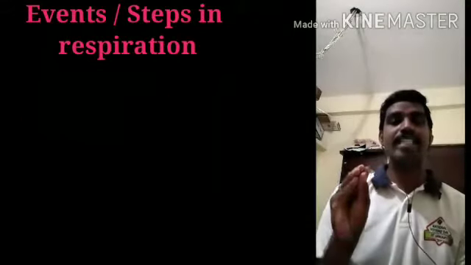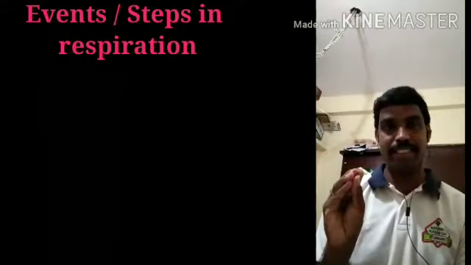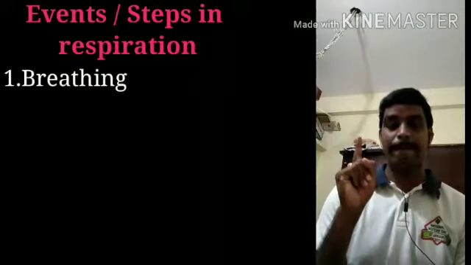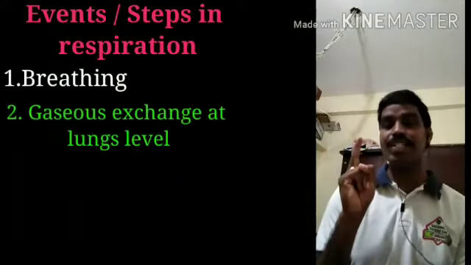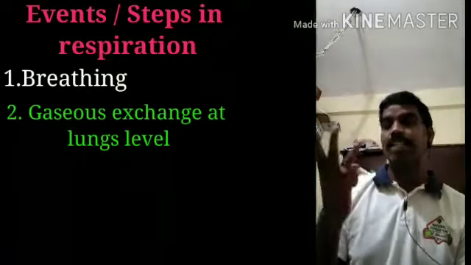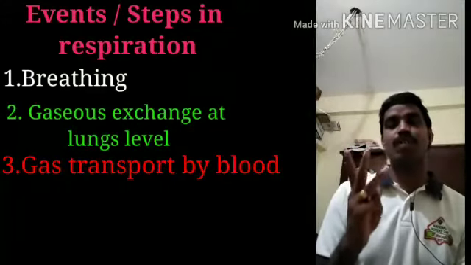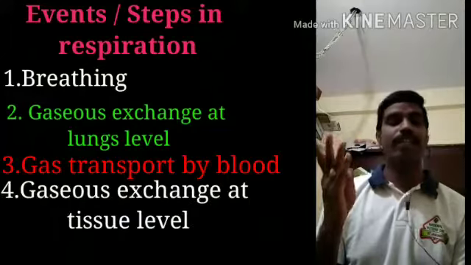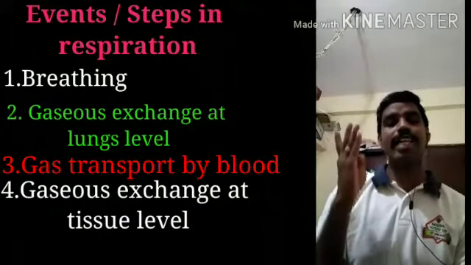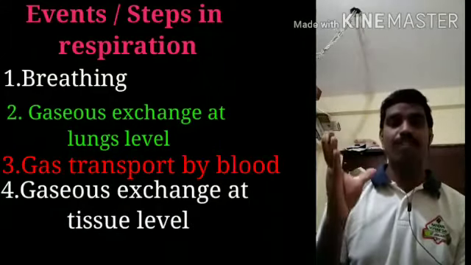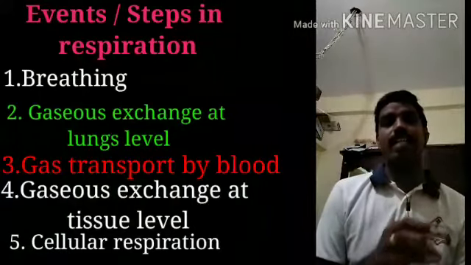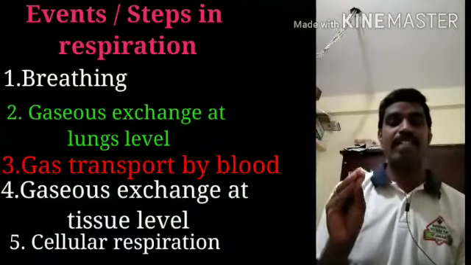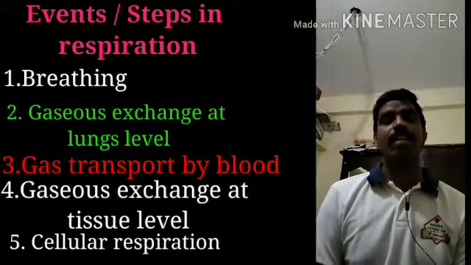So there are 5 events in respiration. First is breathing. Second is gases exchange at lungs level. Third is gases transported by the blood. Fourth is gases exchange at tissue level. Fifth is cellular respiration. These are the 5 events in respiration.